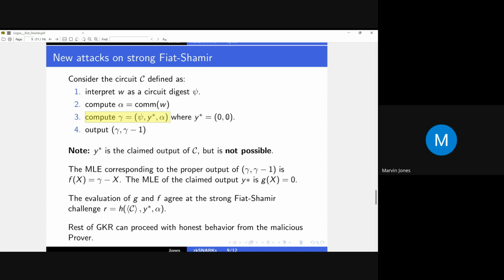At the end of this, our circuit is going to output gamma and then gamma minus 1. But our claimed output was 0, 0. That's not possible. Our claimed output doesn't even make sense for this circuit.